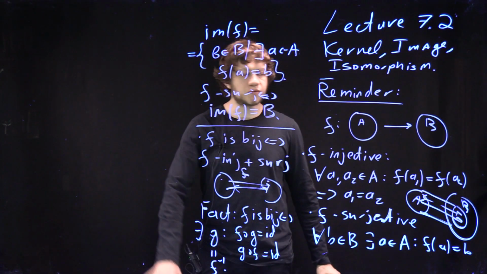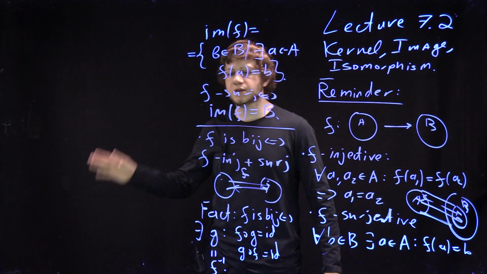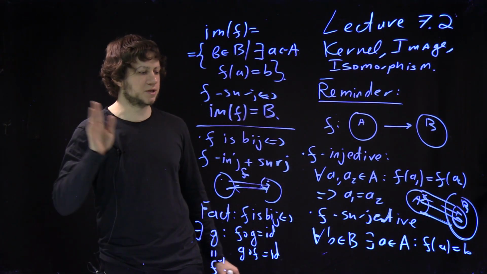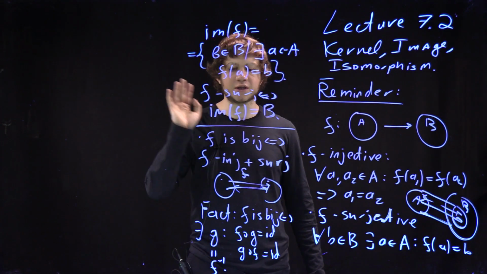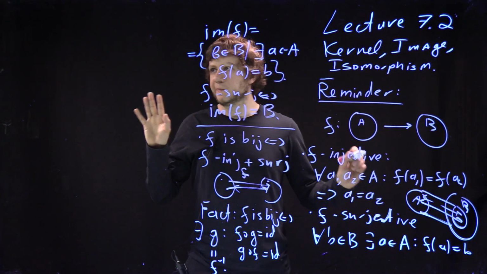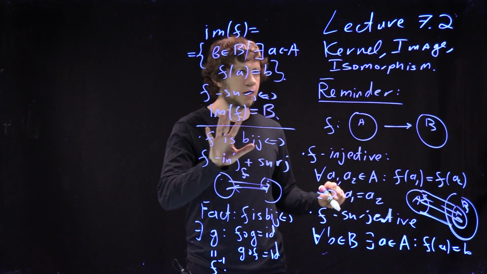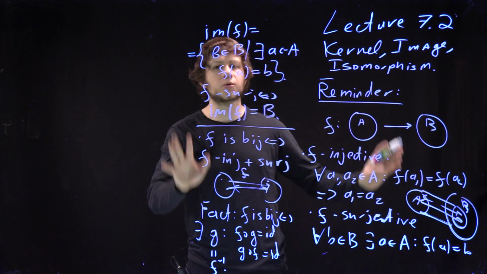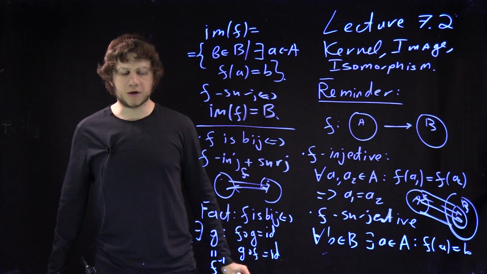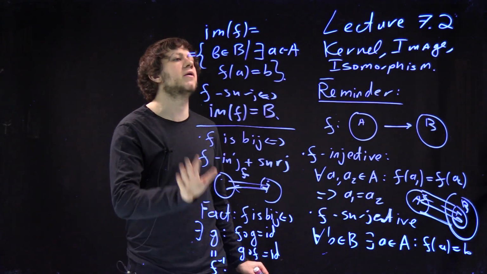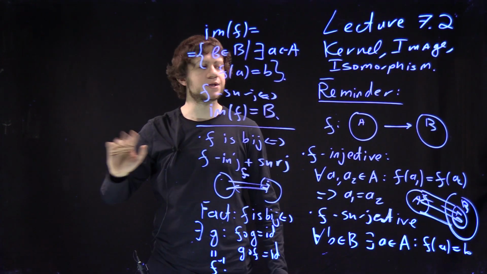And then there are tons of properties, like the composition of injections is an injection, of surjections is a surjection, of bijections is a bijection. I'm not going to talk about all that in detail because probably you have seen it many times. But what I will do is apply all these ideas towards linear maps.